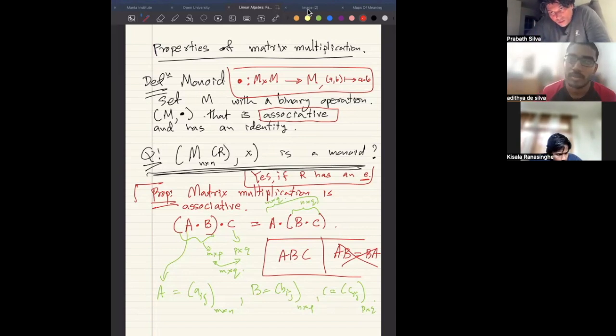So to show that the matrix M is a ring, I have to show that it has an identity element, that M times E is M, and do I have to show that M plus 0 equals M?